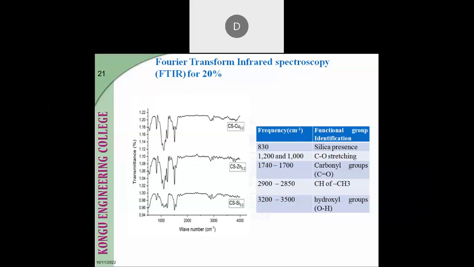The material structure has many carbon bonds, and during the activation at 600 degrees Celsius, the OH and NH2 groups are stretched out and lost.